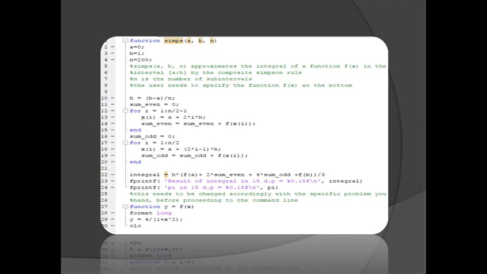We also use fprintf because we want to display the answer in certain decimal places. As for now, we display the answer in 15 decimal places, so we need to change the format to %0.15f. If we want to display it in 10 decimal places, we change it to %0.10f. If 5 decimal places, %0.5f.